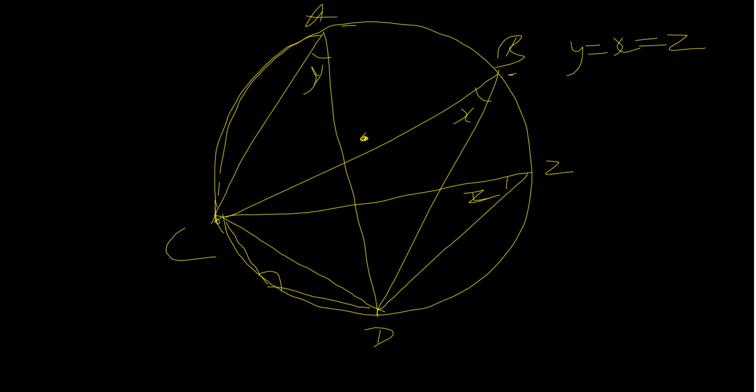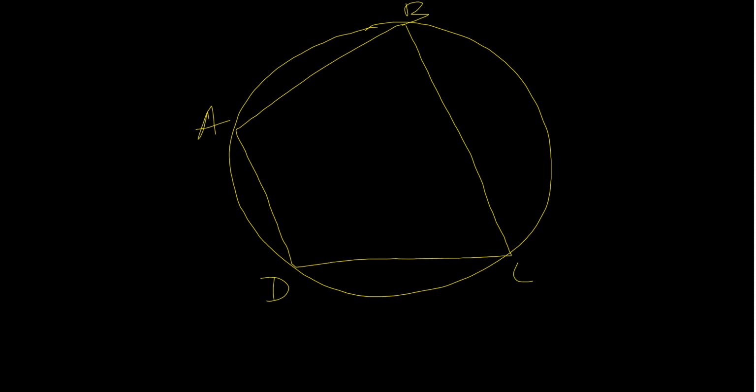So we may want to go and talk about the last one, which is the cyclic quadrilateral. So when you have something like this, and maybe you have a quadrilateral inscribed in a circle, okay? So a cyclic quadrilateral is when you have a quadrilateral inscribed inside a circle, just like the figure you are seeing here. Maybe you have A here, B here, C here, and D here, all right?